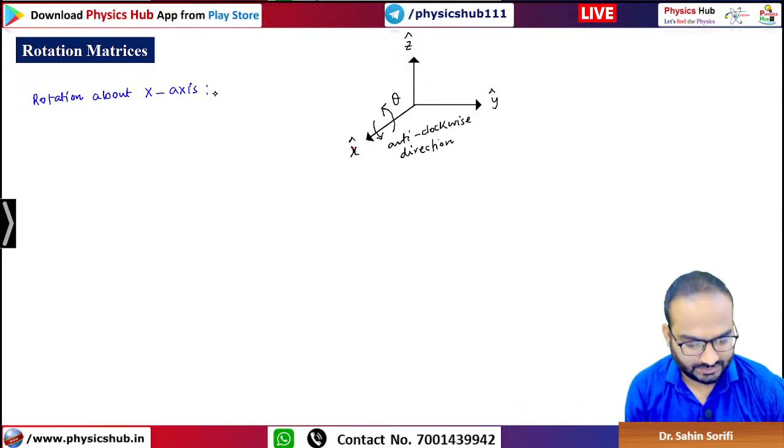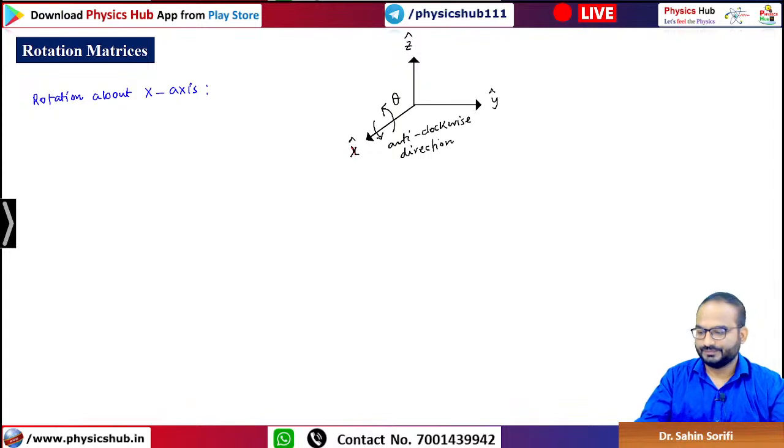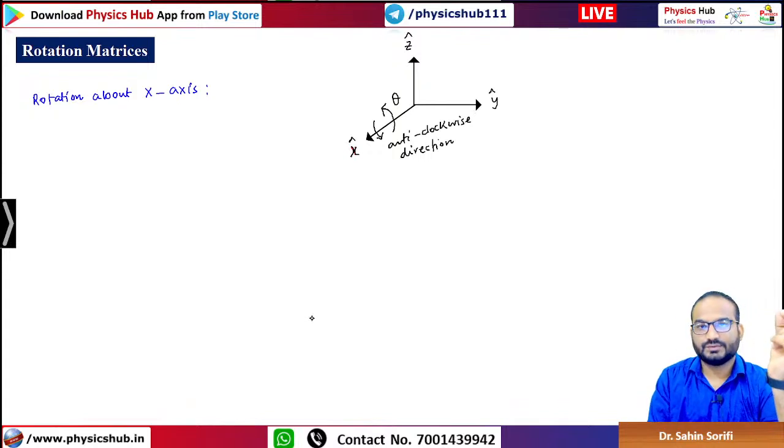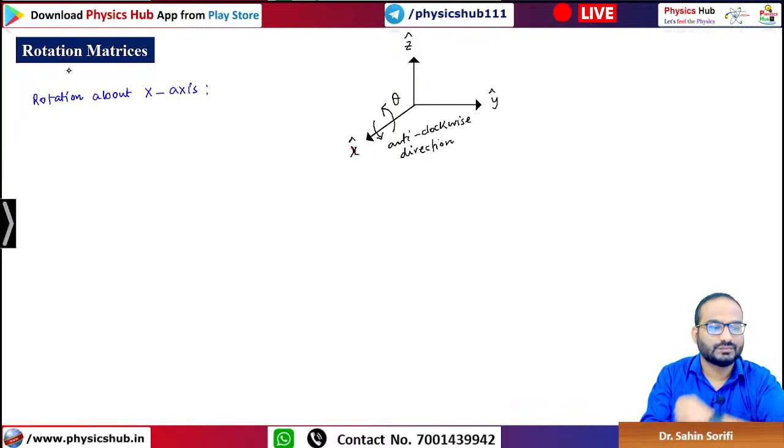Rotation about x-axis is given by this rotation matrix, let's say Rx.